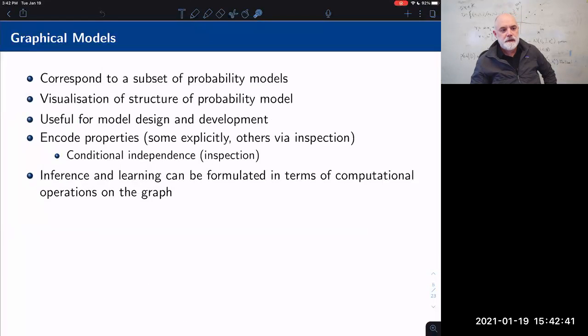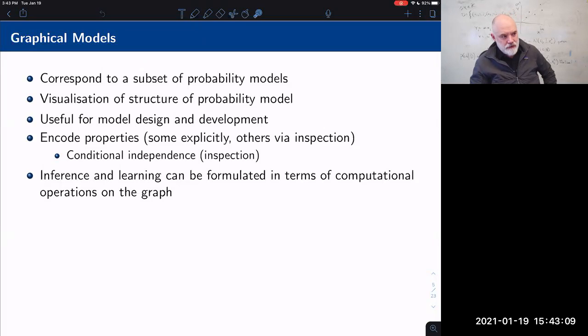So what are graphical models? Well, graphical models correspond to a subset of probability models. Graphical models allow you to visualize the structure of a probability model, and they're useful for model design and development, pre-probabilistic programming, and I would argue even still today, they are a language in which one can think.